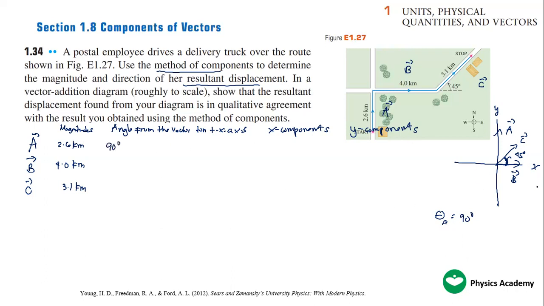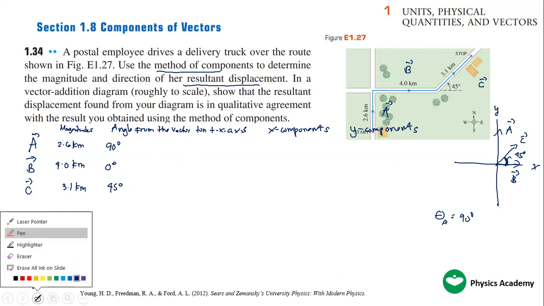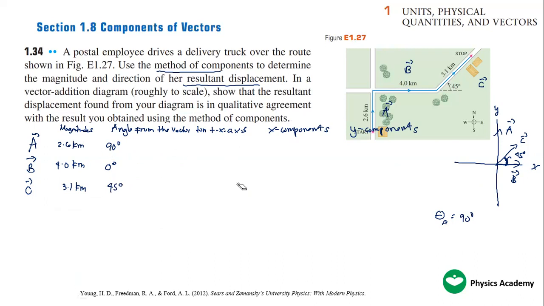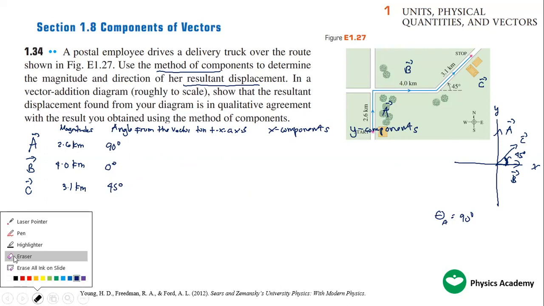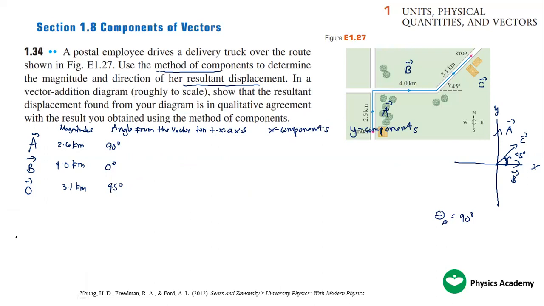And for B, from x to vector B is 0 degrees, parallel to the positive x-axis. And our C is, of course, 45 degrees. From that, we can now find the x and y components.